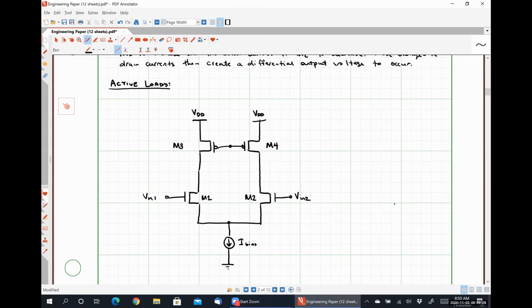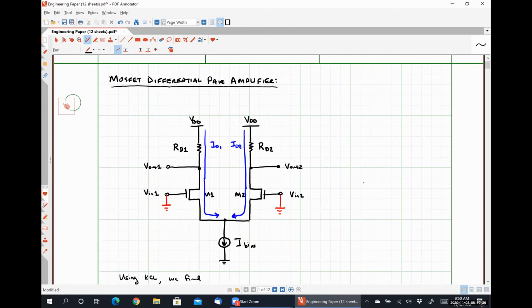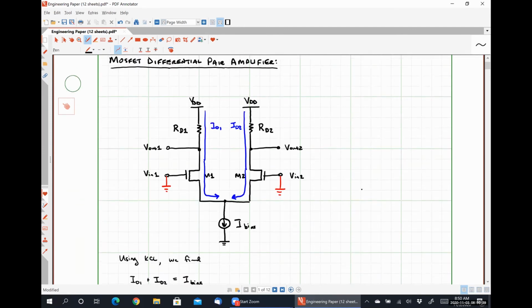Our ultimate goal in this class is to design an op-amp, okay? So if we go way back up to the beginning, this differential amplifier is actually really close to what we would expect of an op-amp. In its most basic form, an op-amp has a non-inverting terminal, an inverting terminal and an output terminal.